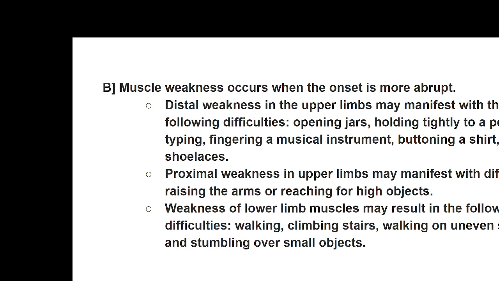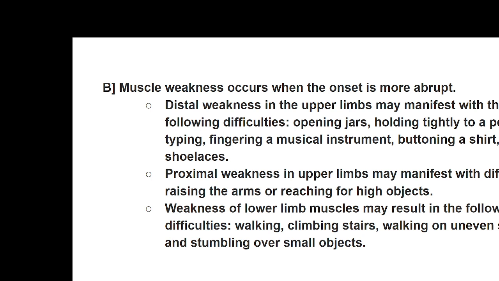The patient may have weakness of the distal, finer muscles, and hence may present with symptoms like difficulty in finer jobs such as opening jaws, holding a pencil tightly, typing, fingering a musical instrument, or buttoning a shirt. The patient may find such fine jobs difficult, and at times may not be able to do them at all. Later it may result in proximal weakness in the upper limbs first, and then gradually the lower limbs, where the patient may not be able to raise the arm.